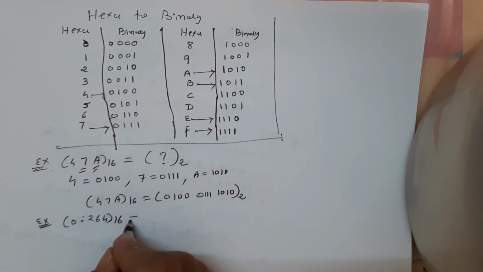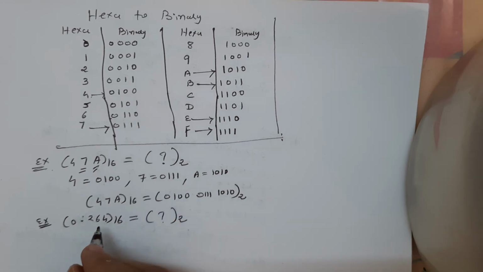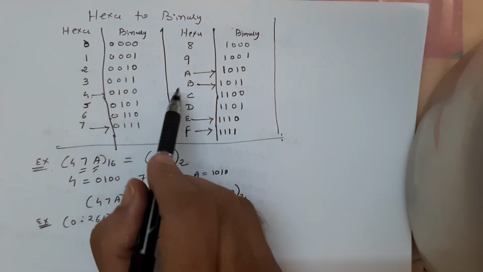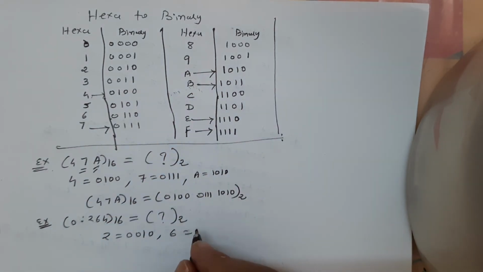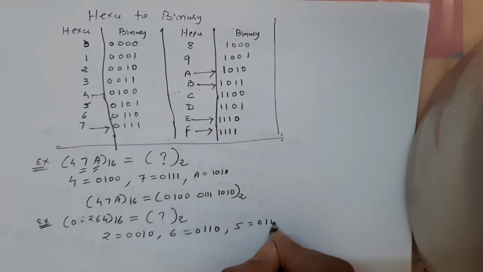0.264 hexa convert into the form of binary, then you know that 2 is equal to 0010, 6 is equal to, according to this table, right? This table, 0110 and 4 is equal to 0100.